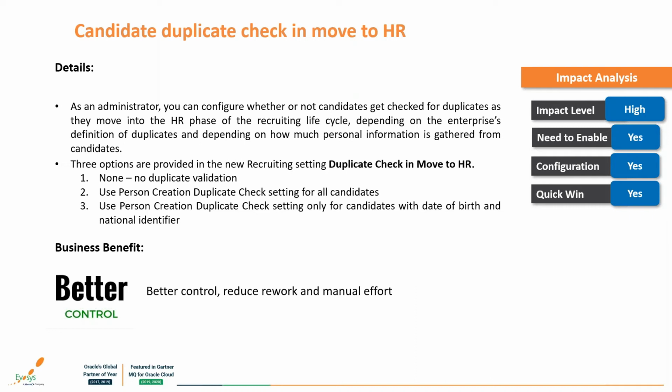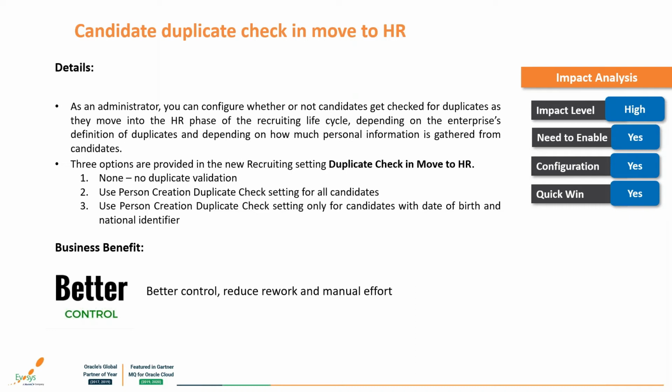You can enable all candidates to be checked, and any duplications, if found, will be based on a combination of the candidate name, date of birth, gender, and a national identifier if provided by the candidate, as configured in the enterprise setting known as person creation duplicate check, which is already available with us.